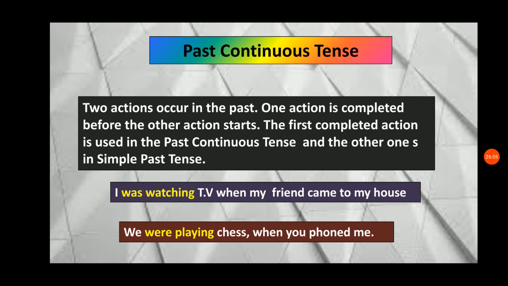When you called me, we were playing chess. Before you took your phone, we were playing. So playing chess takes place first, and the second fact, when you phoned me, comes after. So the first fact should be taken into continuous tense.